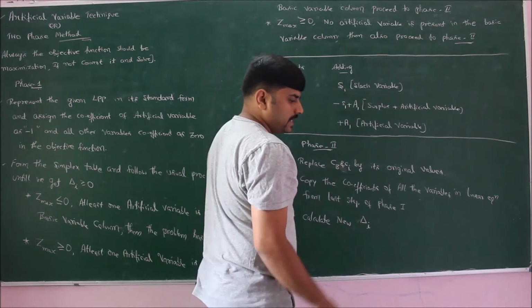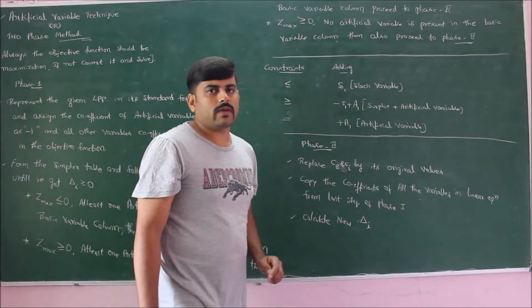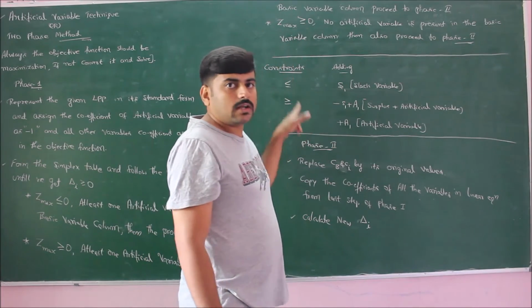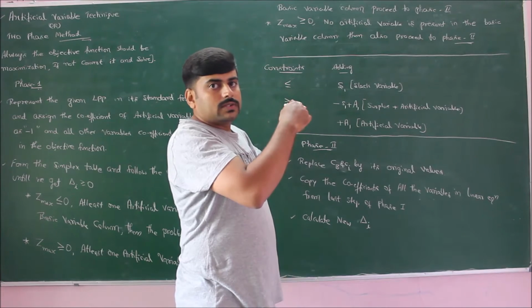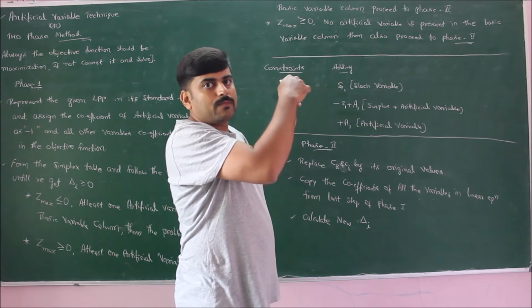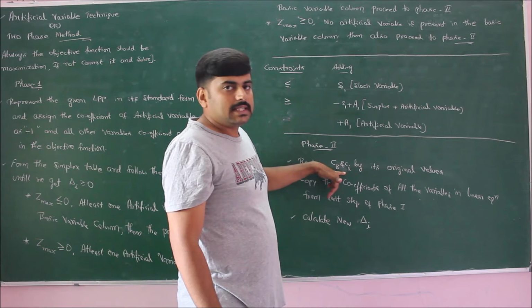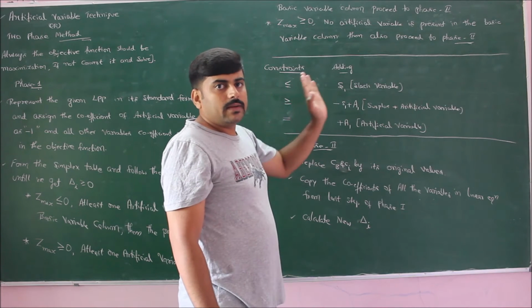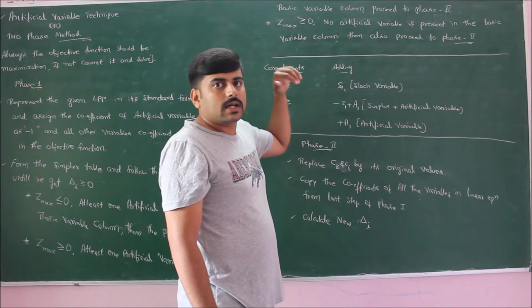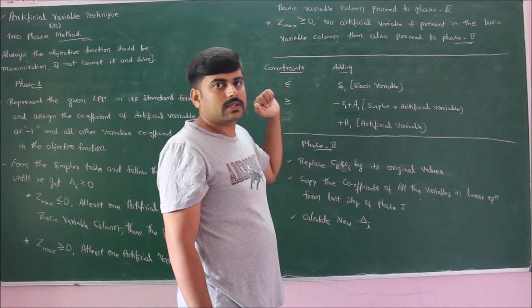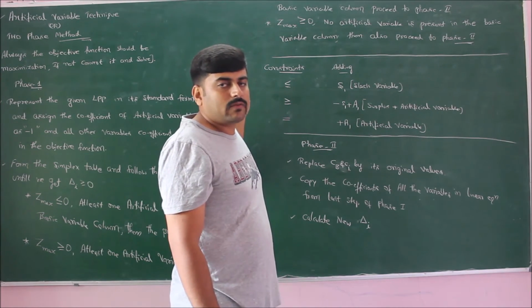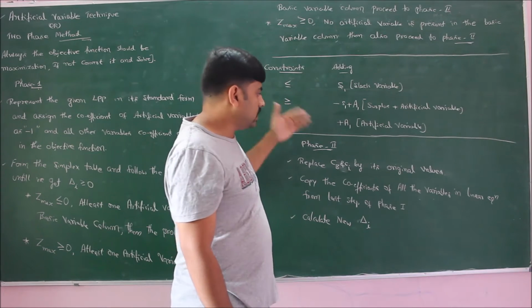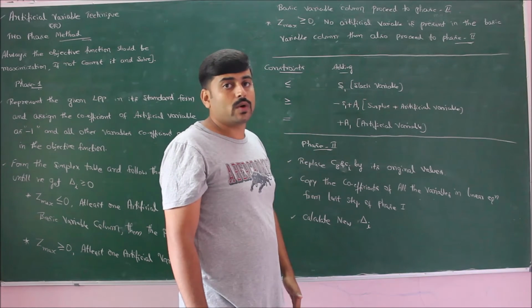If you observe the previous 4 problems we have solved, CB is the second column and CI is the 0th row, that is the row above the first row, and above XB we write the CI, and above the variables we write their respective coefficients in the objective function. Here the coefficients are considered to be 0 except for artificial variables. So in this step you should replace them by their original values.